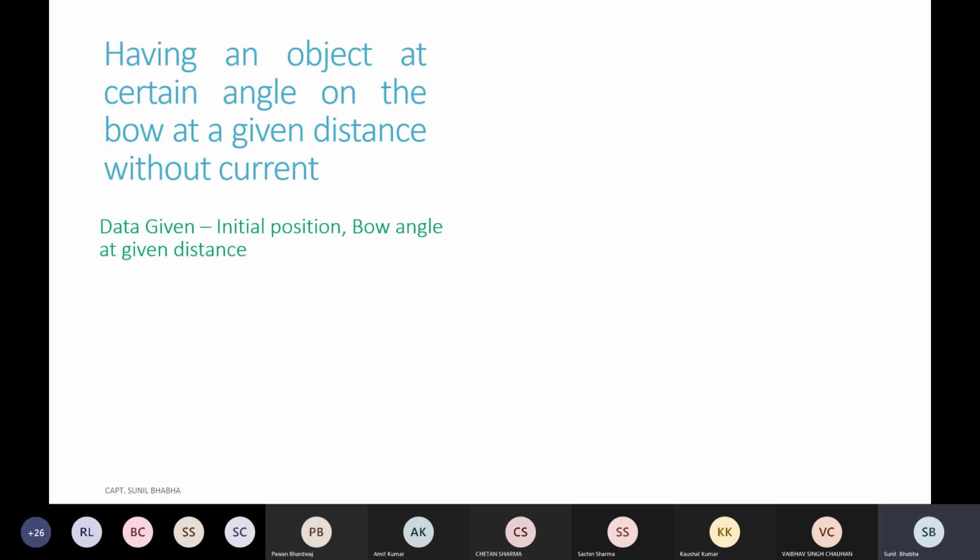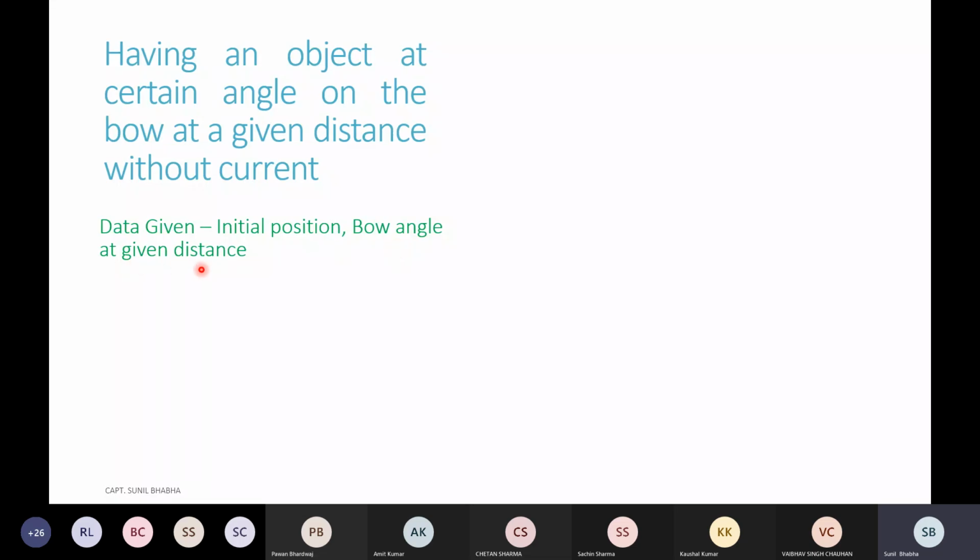Now let's see how we proceed ahead. First of all, as I told you, the data given to us is: one, the initial position of the ship is provided. Second, the bow angle at which the object should be is given to us.